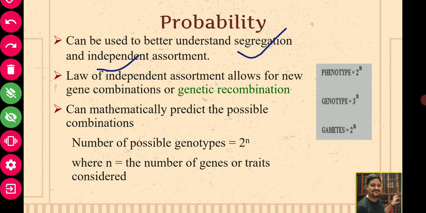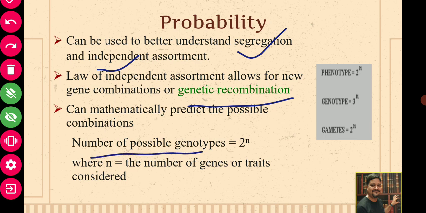The law of independent assortment allows new gene combinations, or genetic recombination. So linkage and recombination we will be discussing in some other class. Here we have to know that the law of independent assortment allows for new genetic combinations, that is genetic recombination, and mathematically we can predict the possible combinations.